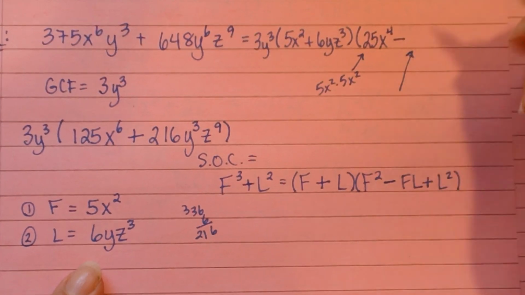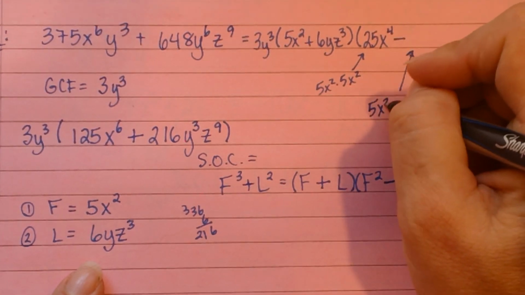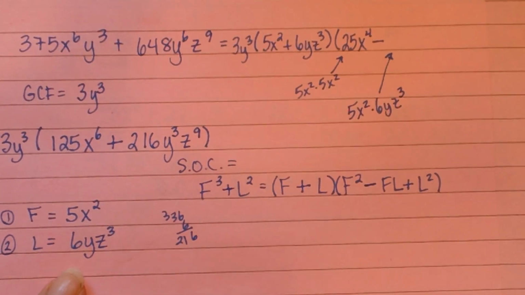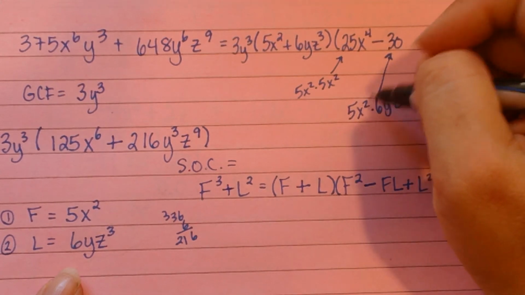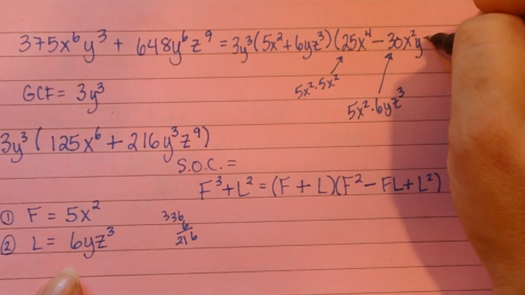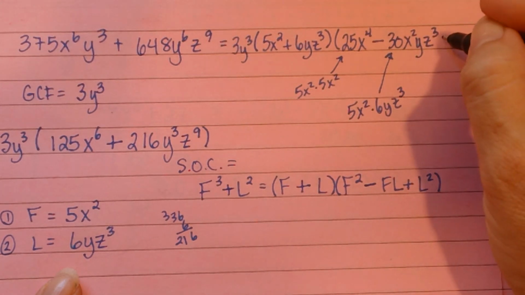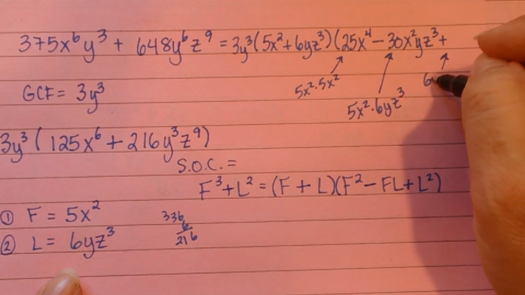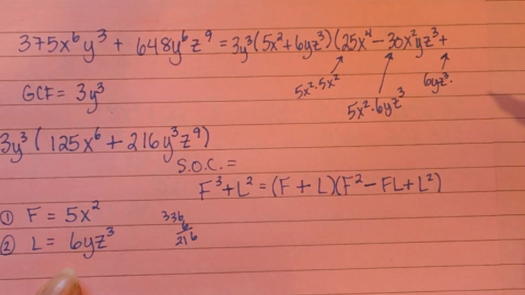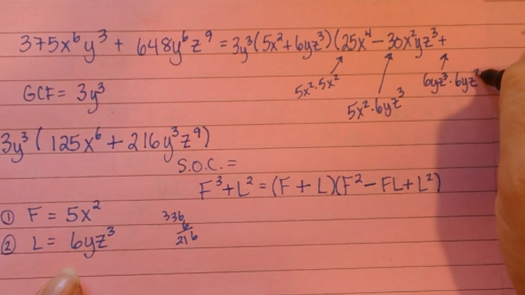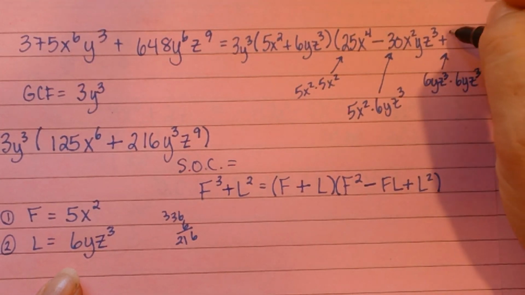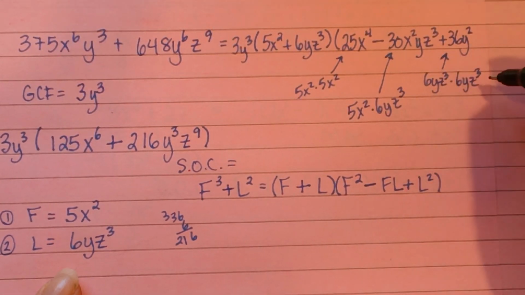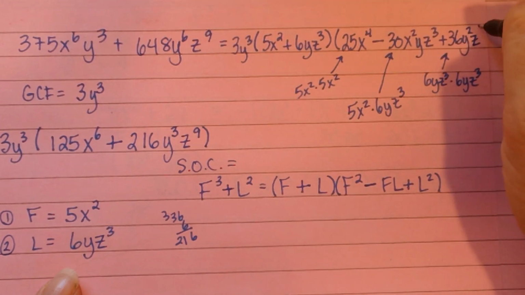Minus, this one's got to be F times L, so 5x squared times 6yz cubed. So I do the 5 times the 6, I get 30, and then I have x squared times y times z cubed, and then plus, this space is going to be tricky also, L squared, we have 6yz cubed times 6yz cubed. So 6 times 6 gives me the 36, and then y times y is y squared. Z cubed times z cubed is z to the 6th.